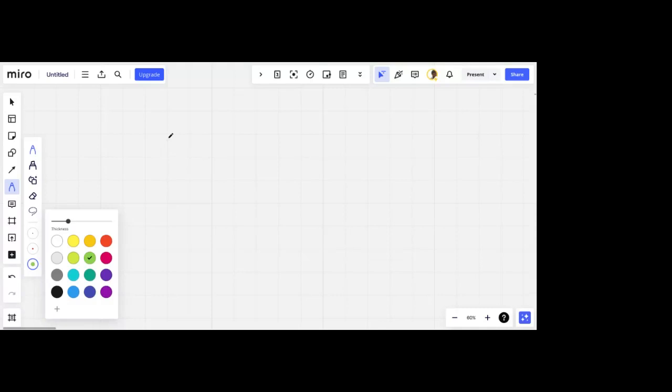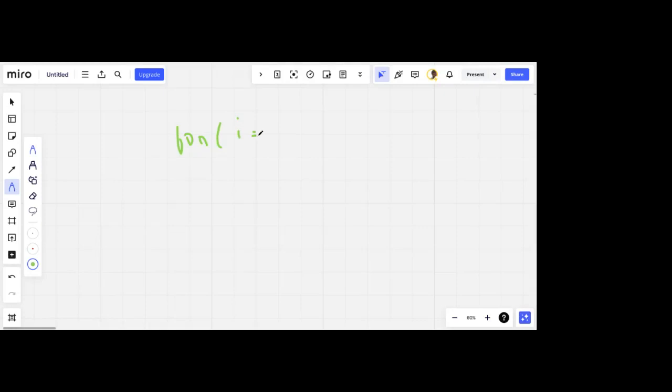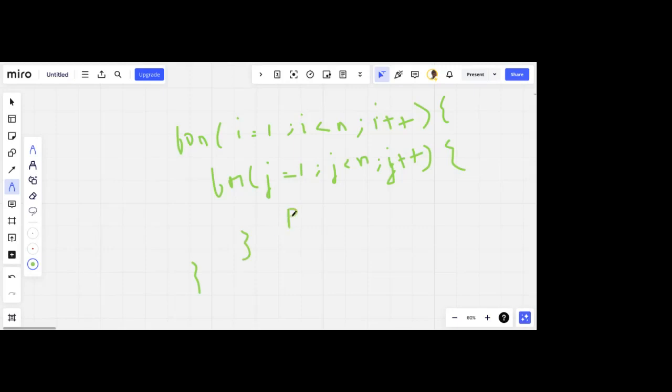So let's take this algorithm: for i equal to 1, i less than n, i plus plus, for j equal to 1, j less than n, j plus plus, and let's say here we have print hello.